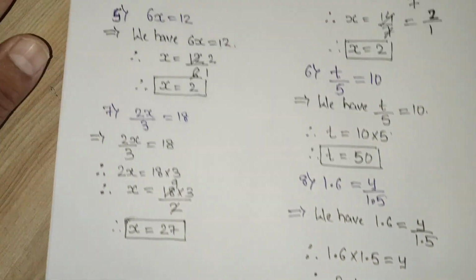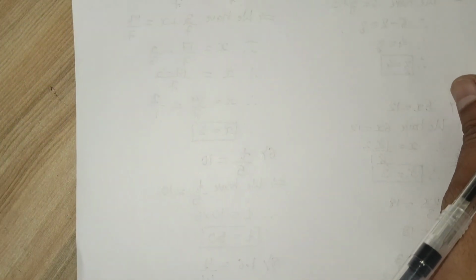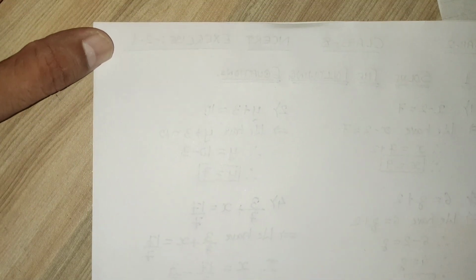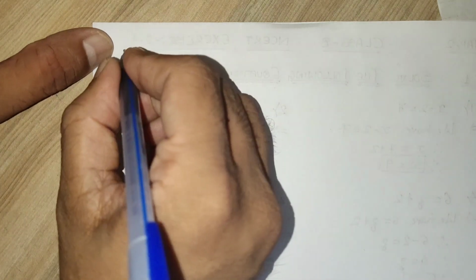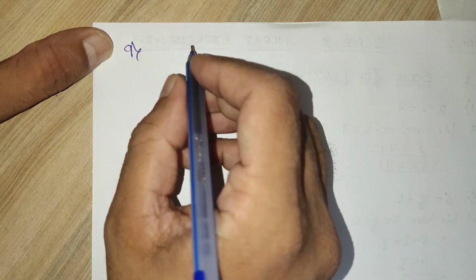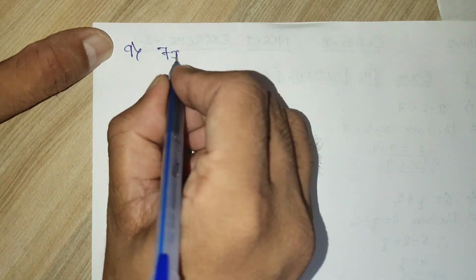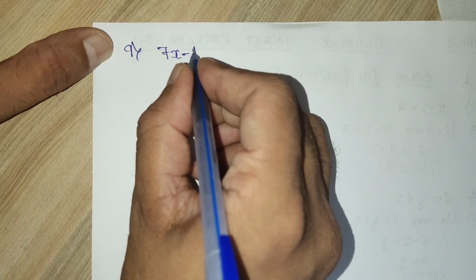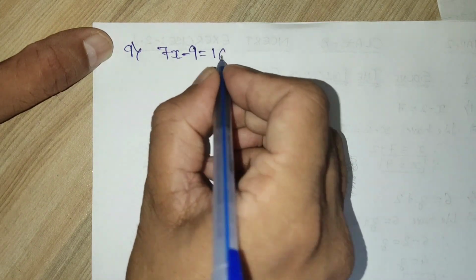Now let us move to the next page. Now it is question number 9. Question number 9 says 7x minus 9 is equal to 16.